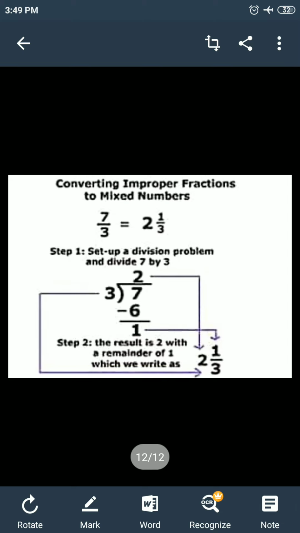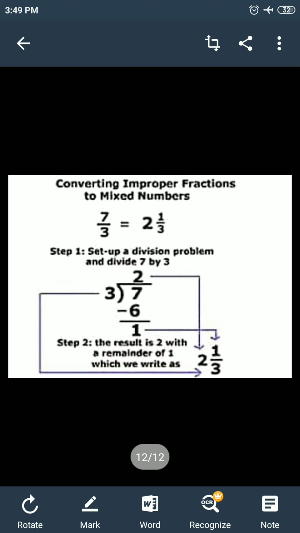Now how can we convert an improper fraction to a mixed number? We have 7 by 3 as a fraction. One thing to remember: we always convert only improper fractions into mixed ones. A proper fraction cannot be converted into a mixed fraction.